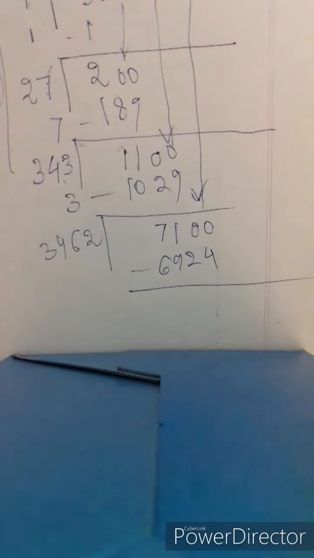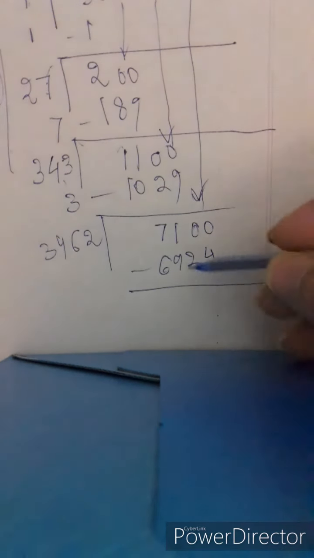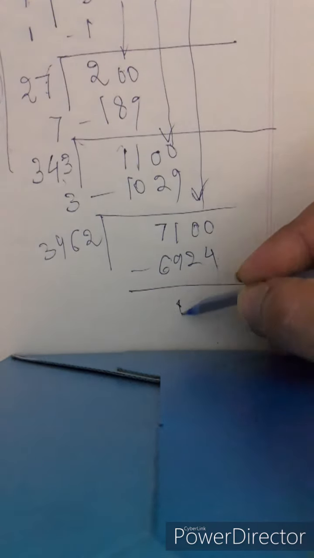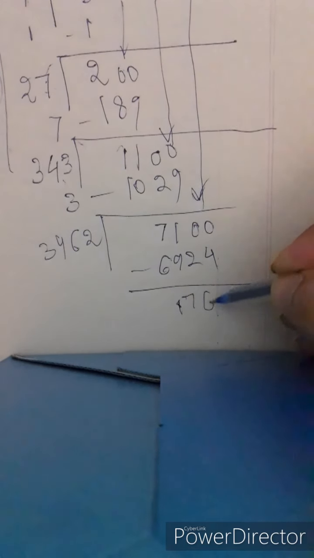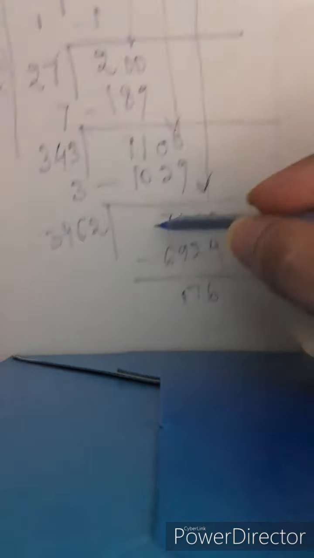So we take 3462 into 2, and the difference is 7100 minus 6924, which is 176. Now again bringing this down 00, so 3464.